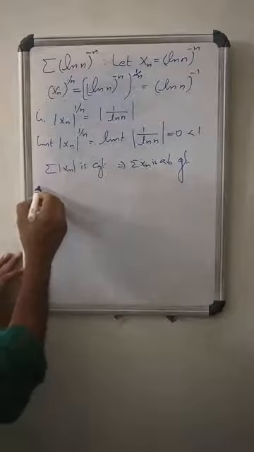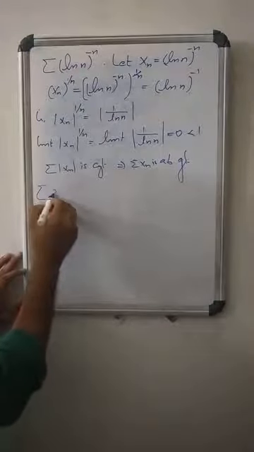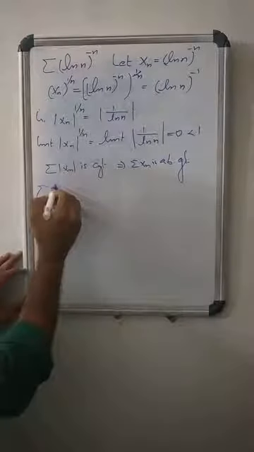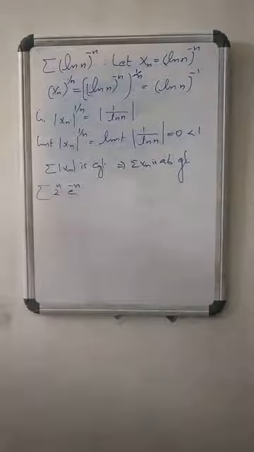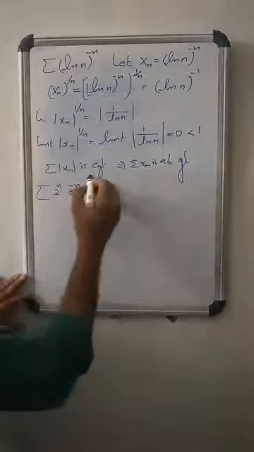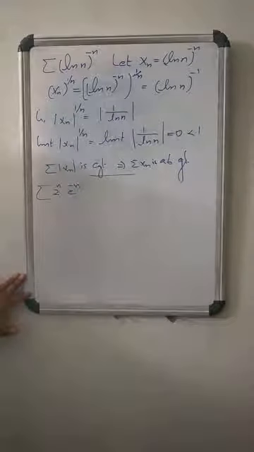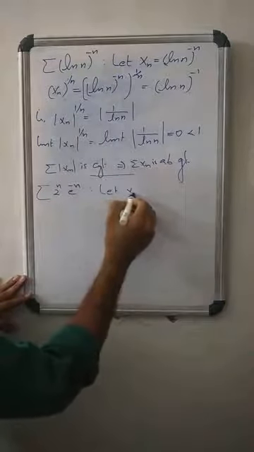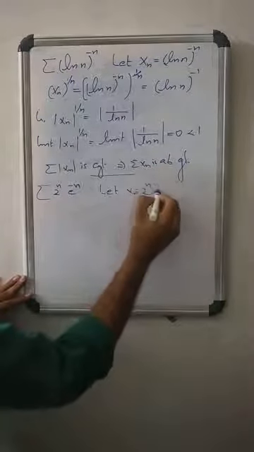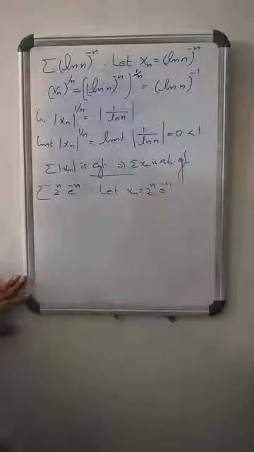Now check the convergence of another one, sigma 2 power n into e power minus n. Is it absolutely convergent or not? Again, by the same argument, let xn equal 2 power n into e power minus n.